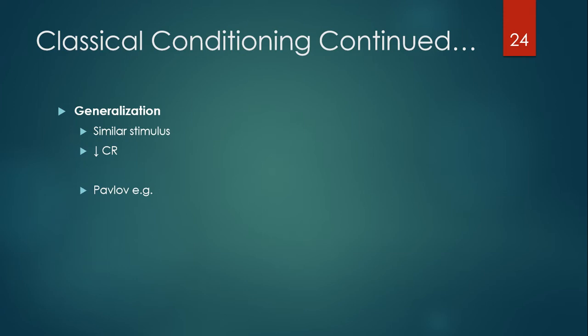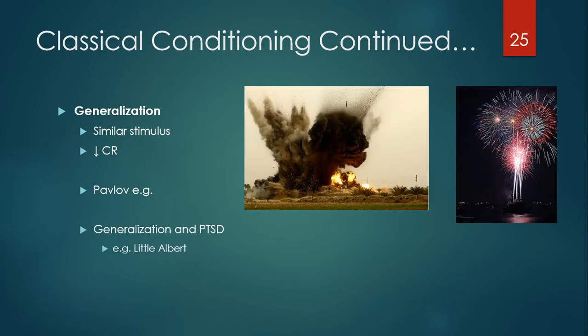It's similar though, and it's similar enough that the dogs still drool a little bit. So they still have a conditioned response in the presence of that stimulus that is somewhat similar to the conditioned stimulus. So that's generalization. And this actually has some real world applications.